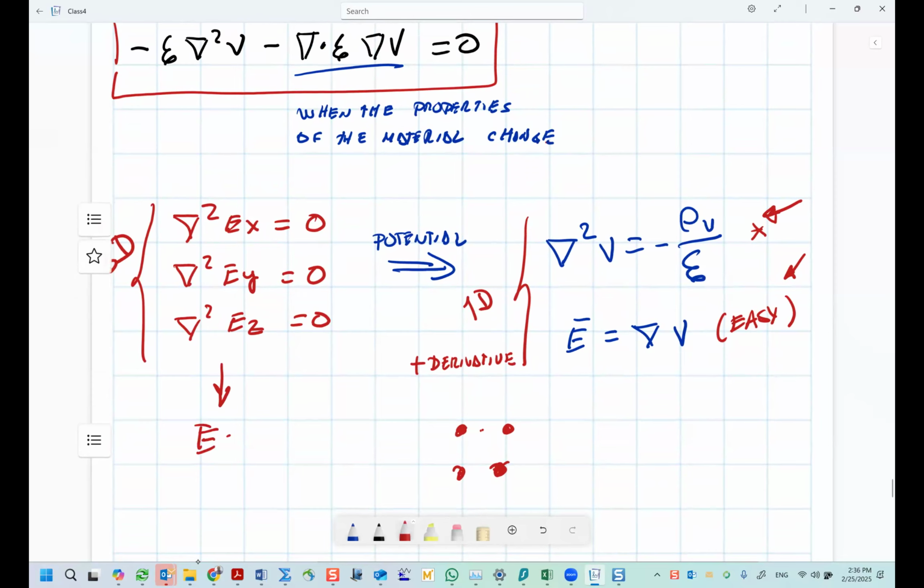What you want from here is to compute E. The same here, you want to compute E. The computer will give you the solution both ways, except that it will be 1/3 of the effort on the right, and on the left it is going to be 3 times as much. So that is the power of potentials: we can use one dimension, even when the problem is 3 dimensional.